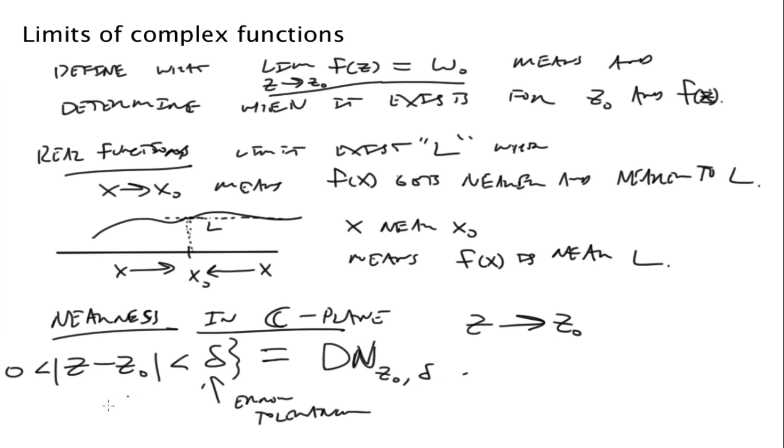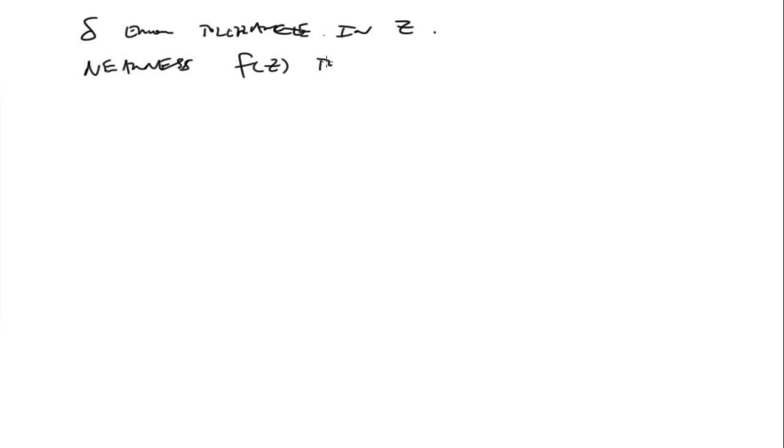We want to know what happens in the other plane. So let's get a new sheet of paper. Okay, so we have this notion of an error tolerance in z. All right, so the idea then is we also have to define nearness of f of z to w naught, our candidate limit for our function.